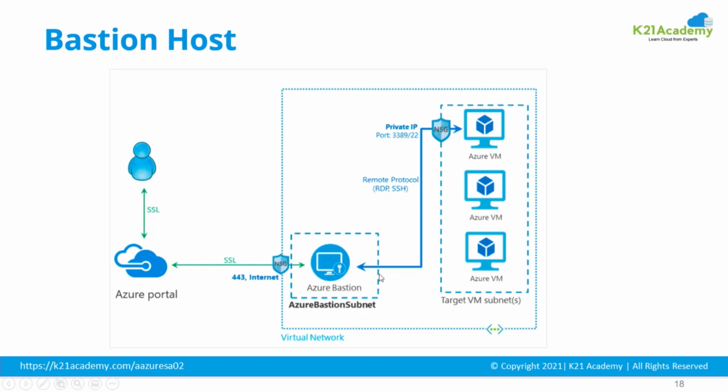On this Bastion host, you will have all the tools that help you connect to these virtual machines. This helps with extra security, because first of all, the data is all encrypted on port 443 over HTTPS, the hypertext transfer protocol, in a secure manner.